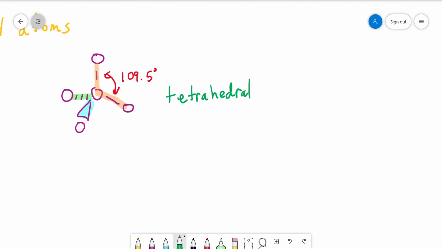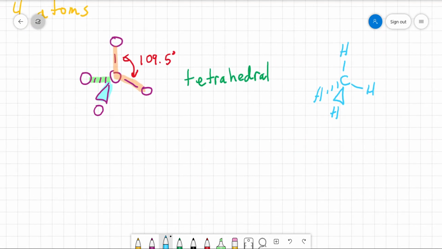And a very, very common example of a tetrahedral molecule is methane, CH4. So there's a methane molecule, and that is tetrahedral. 4 atoms on the central atom, that is why we get that shape.